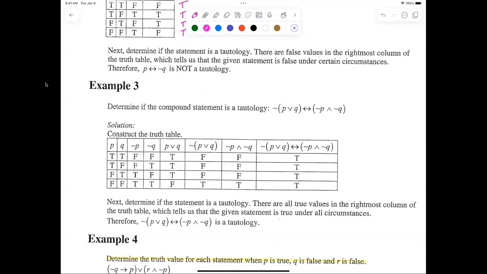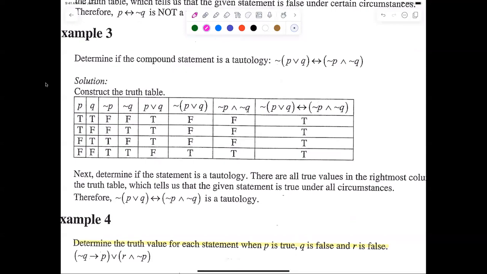If we did the truth table here, the final value comes out to be what? All true. Because it's all true, it doesn't matter what the statements are, it's always going to be true, and it's a tautology. Does everybody agree with that now?